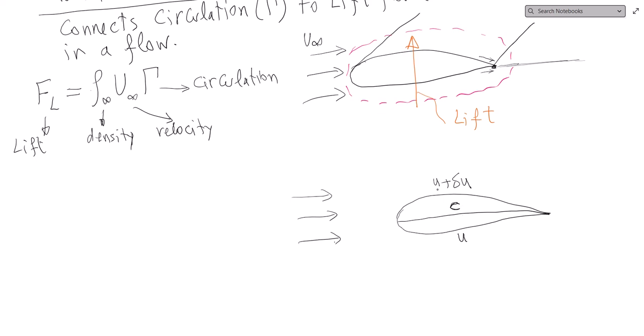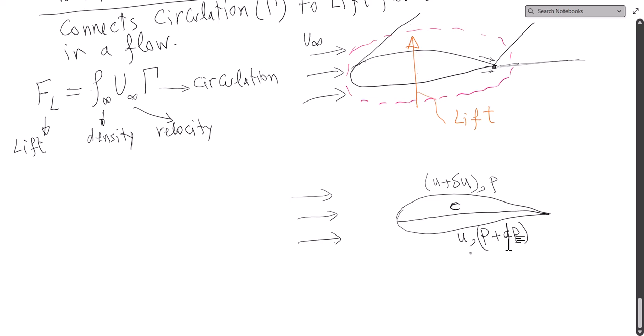Because according to Bernoulli, we have u plus delta u, we will have say a pressure P here, and because this u is smaller than u plus delta u, we will have a pressure difference. And basically the pressure difference is responsible for creating this lift.